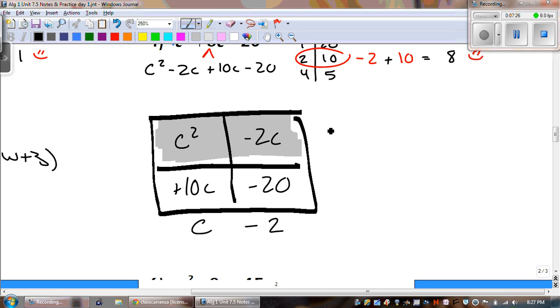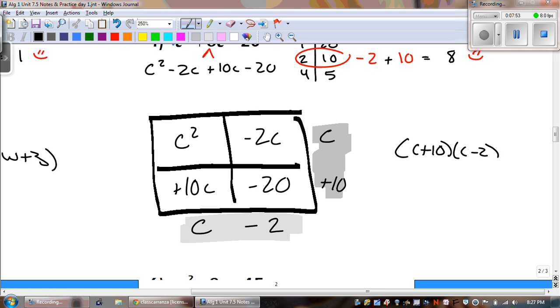The biggest I can take out is a c. And now the bottom. 10c and minus 20, the biggest I can take out is a positive 10. So these are our two binomials. We got the c plus 10 and the c minus 2. And you can put them in whatever order you want to. That part doesn't matter. Okay?